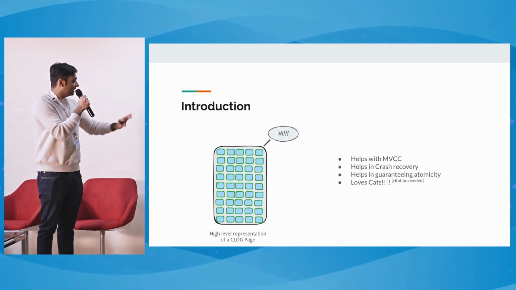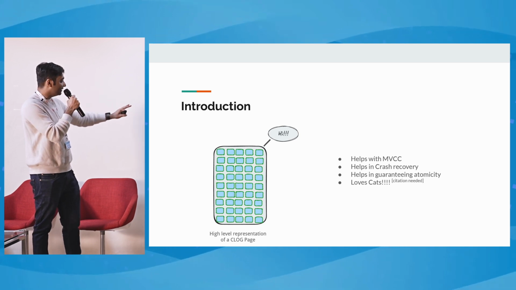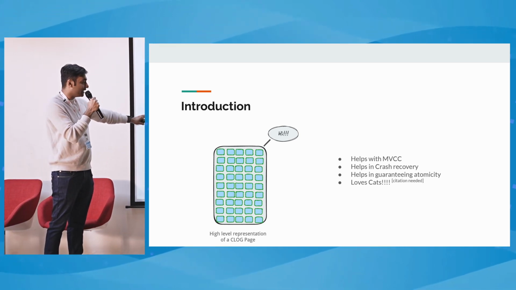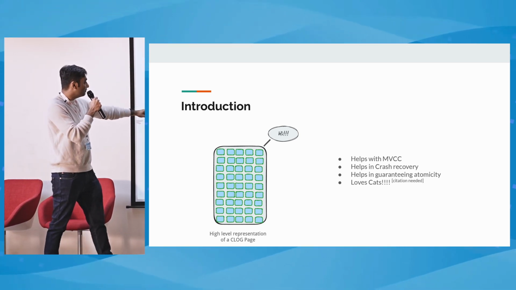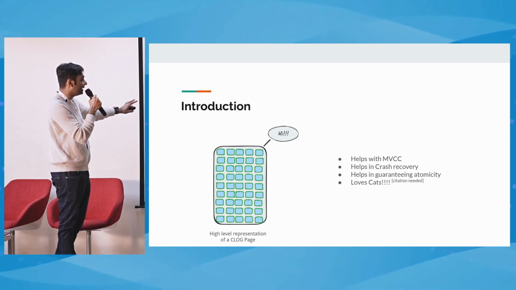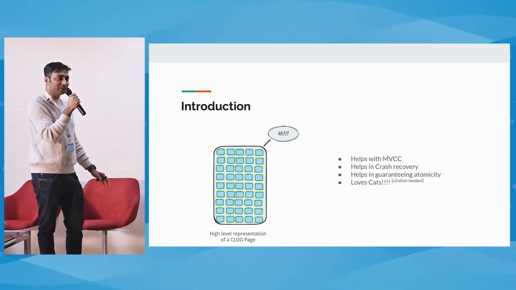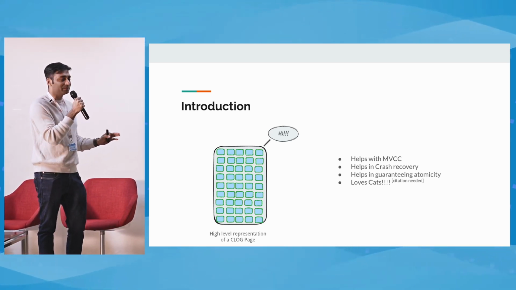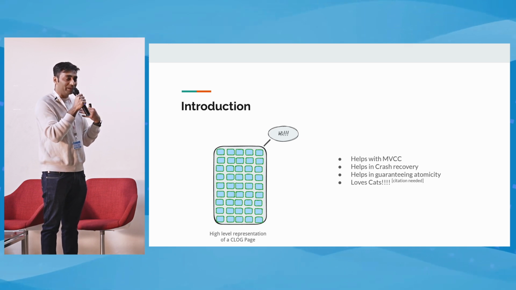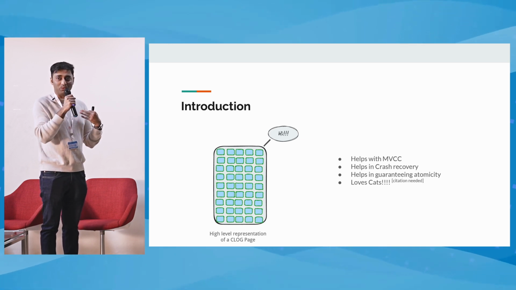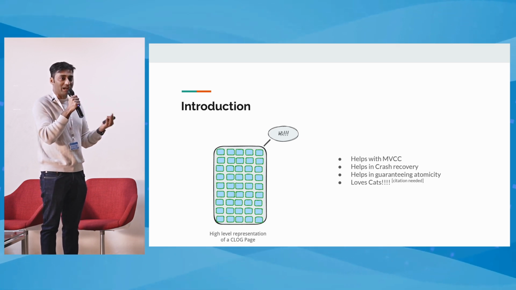At a high level, this is what a commit log page would look like. All these blue boxes are 4 bytes in size. The commit log plays a role in implementing MVCC, which is Postgres' concurrency control mechanism.